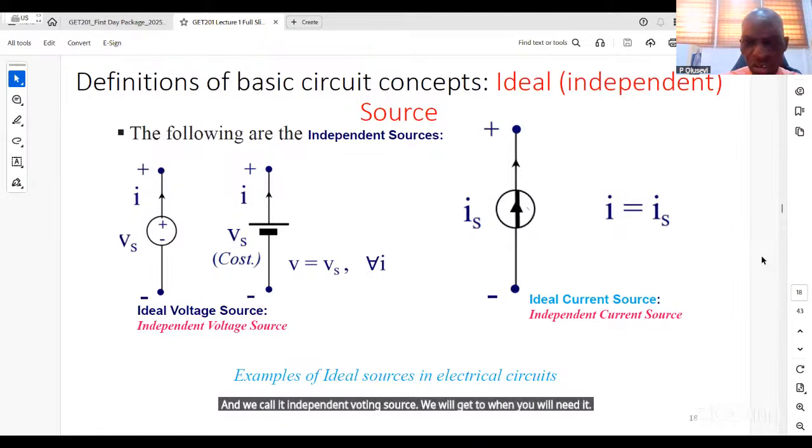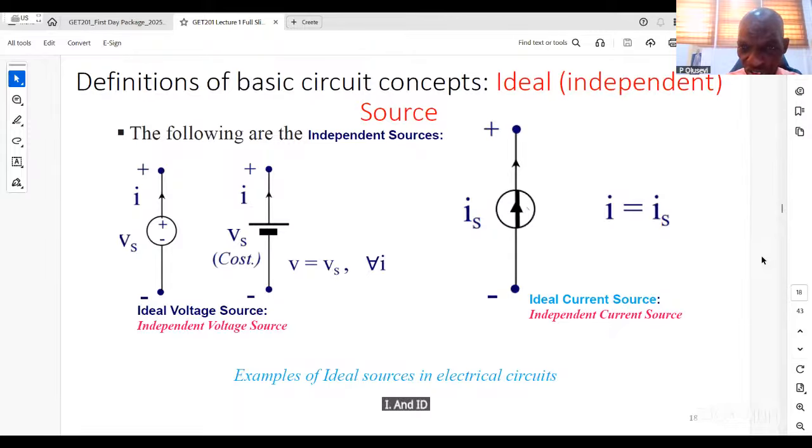Then V equals V_s for all i. That's what we have on the right-hand side of that independent voltage source. That's the mathematical expression there. The horizontal line with a cross means for all i, and i there stands for current.